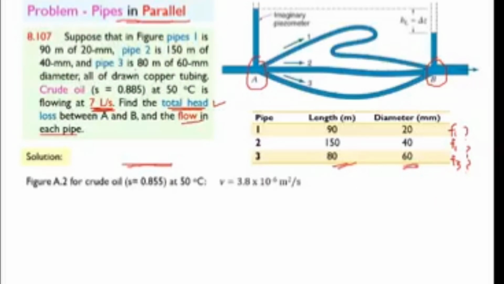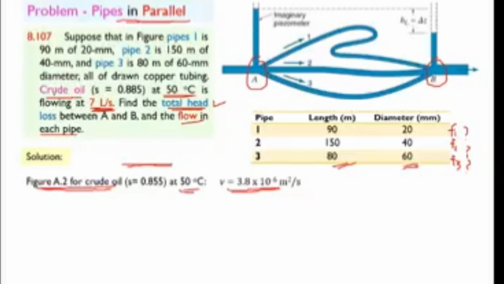So we are given the temperature. Because we have to calculate the F values and compare with the assumed values, we will need to calculate the Reynolds number. So that's why from the figure A2 for crude oil, this is in appendix. Appendix, you have figure A2 end of the book. So at 50 degrees C, this is the kinematic viscosity value. Clear? This because we are given that in these pipes, what is flowing?